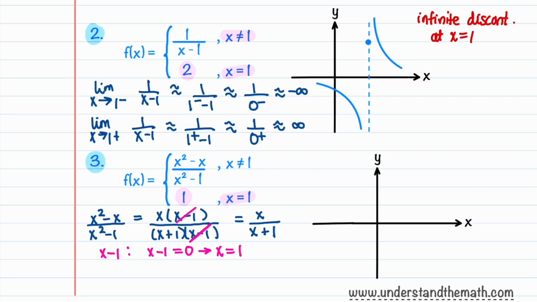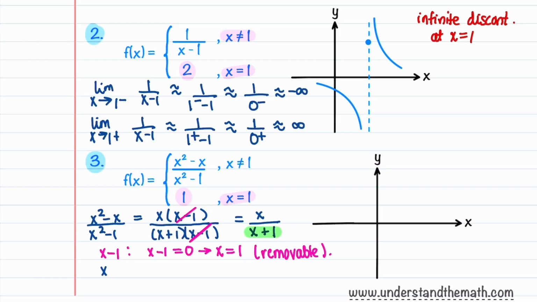This means at x is equal to 1, we have what's called a removable discontinuity because we were able to remove that from our function. Now let's look at the function that we have left. Notice that there's an x plus 1 in the denominator.